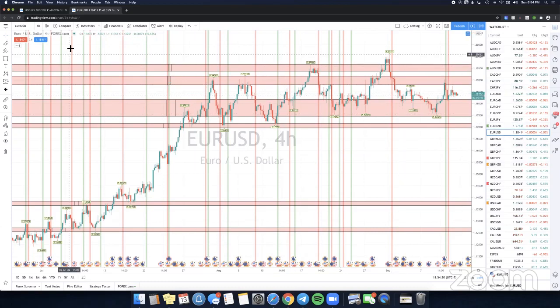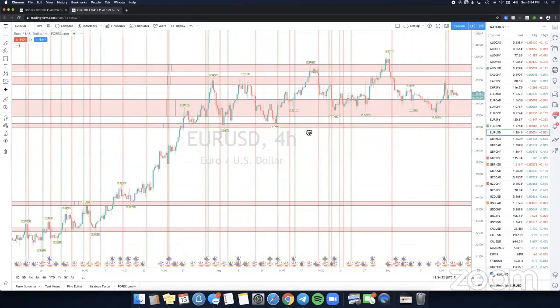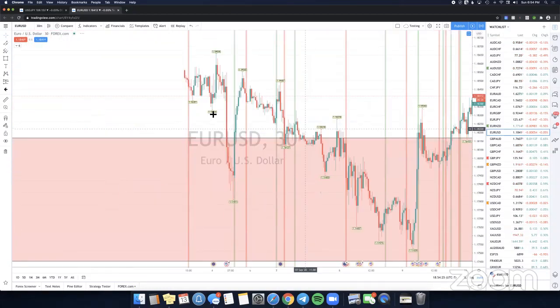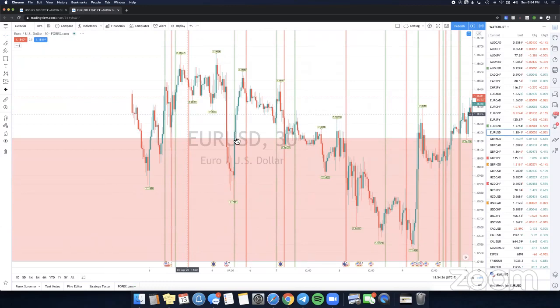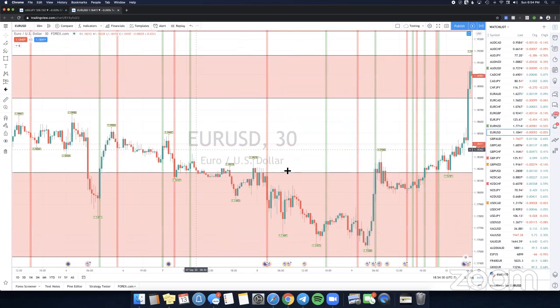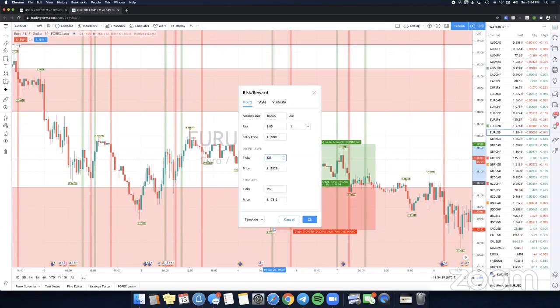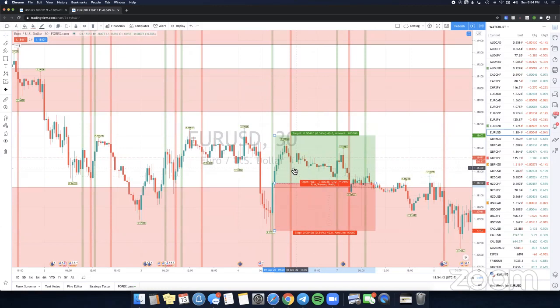So we'll go on the 30-minute, and we'll go to like 6 a.m. Even if you took this trade right here for a buy, about 40 pips, you still wouldn't reach full TP until the market closed right here.